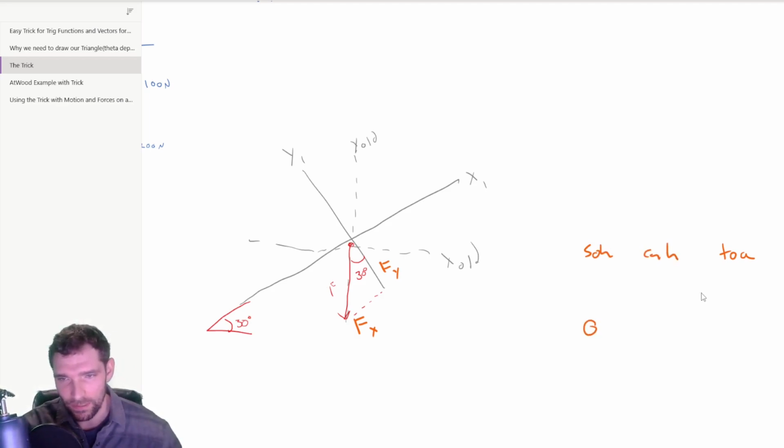Then I can say, okay, I've got theta. If I wanted to relate opposite over hypotenuse, that would be for sine. And so sine of 30 degrees here is going to be the opposite, which is that Fx.